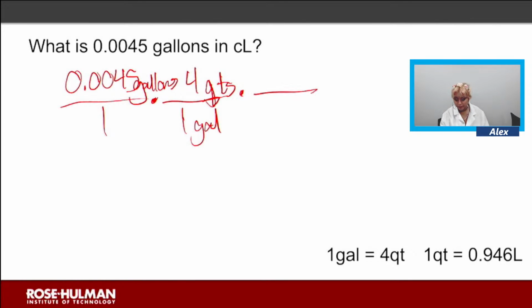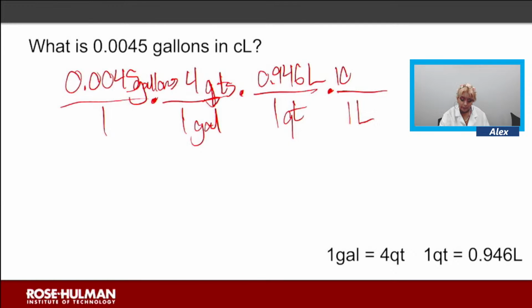For every quart, there are 0.946 liters. And since we want our final answer to be in centiliters, for every liter, there are 100 centiliters. Gallons cancel out, quarts cancel out, liters cancel out, and we are left with centiliters.